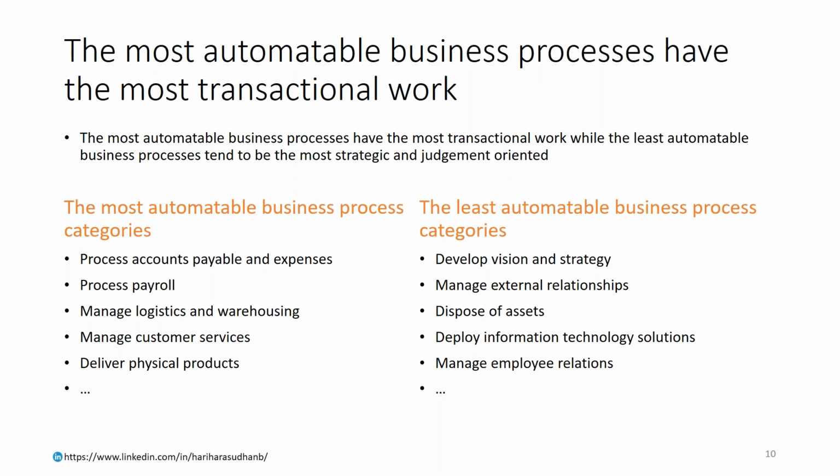While on the right side, the least automatable processes are developing visions, decisions on disposing of assets and when to do so, external relationship management, employee relations, all those things. These are harder because they involve human knowledge. They involve judgments, so that is why these are least automatable.